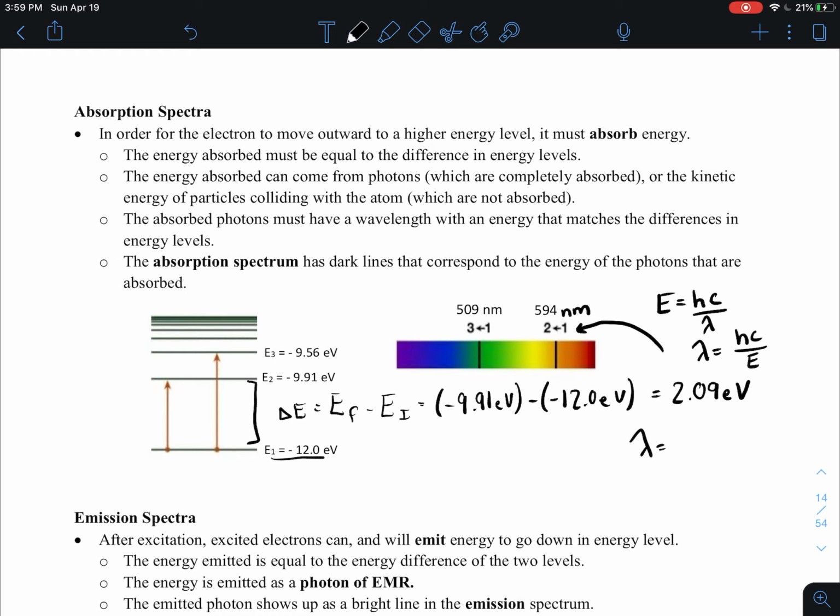In this case, I want to use my 4.14 times 10 to the negative 15, because we're talking about electron volts, times the speed of light, 3 times 10 to the 8, and then divide that by our 2.09, just to see how close we are to that value. Once again, there might be a slight variance just due to the fact that sometimes they use rounded values. But I got 594 almost exactly, so my wavelength here is 594 nanometers.